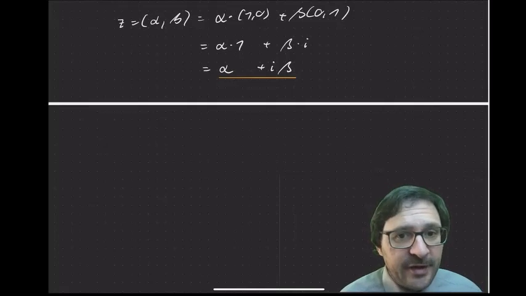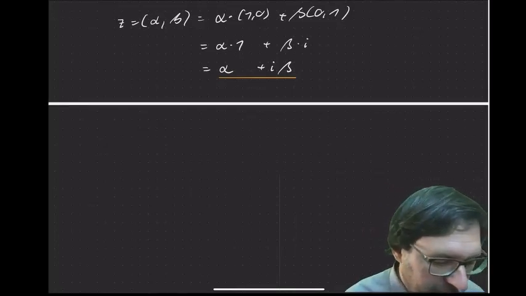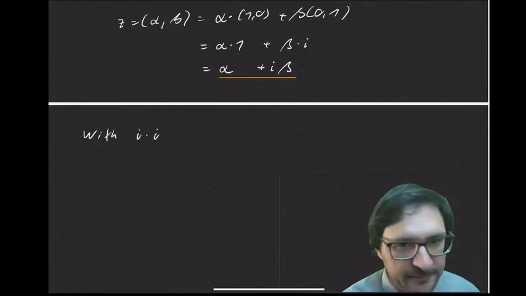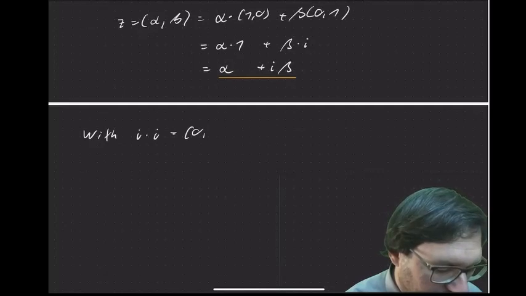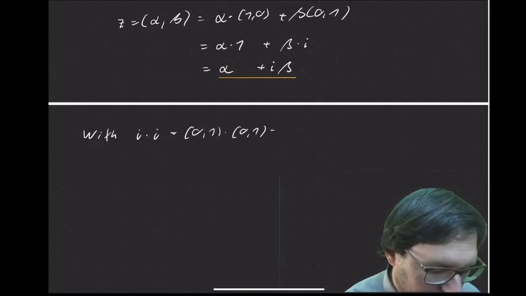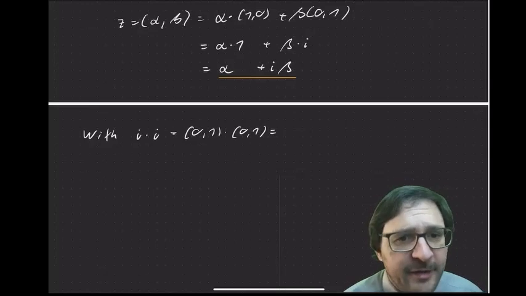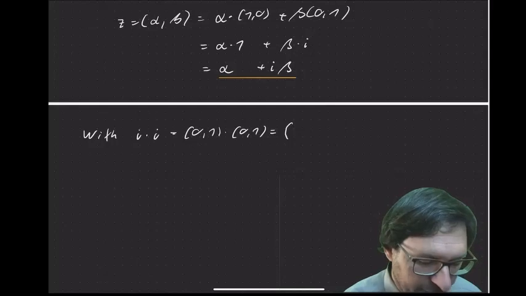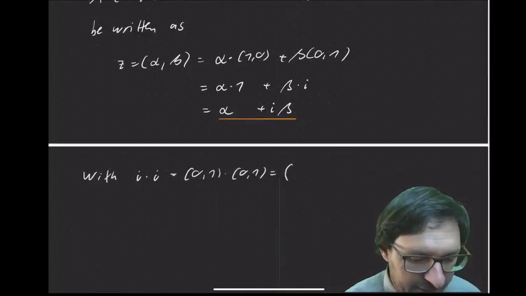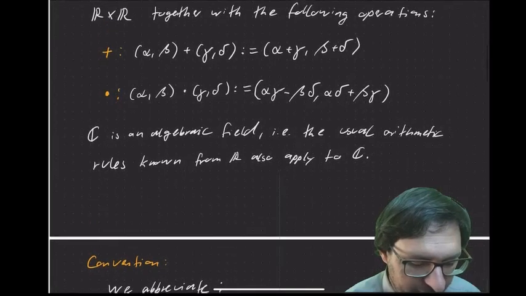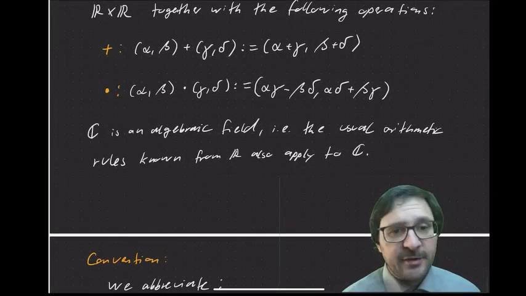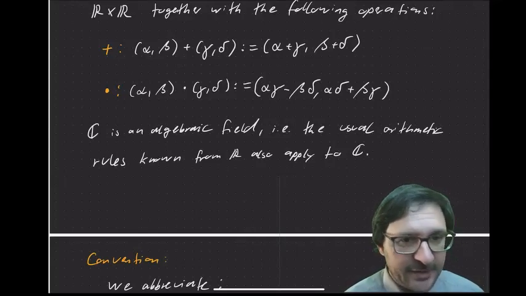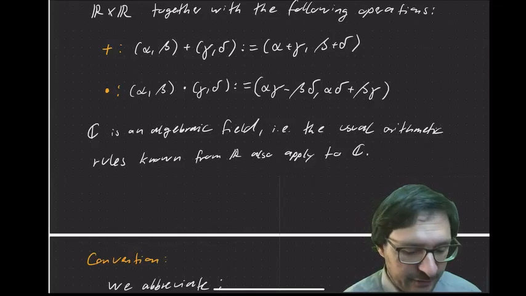Okay, and then there's just one more thing that we need to know, and that's how to compute with this i. So with i times i, you remember i was an abbreviation for (0, 1). And now if we just once apply this complicated rule of multiplication that was in our definition, what we get is the following. So let's scroll back a little to see how that works. We have alpha gamma, so we first multiply the first component of those numbers, minus beta delta, so minus the second component of those numbers.